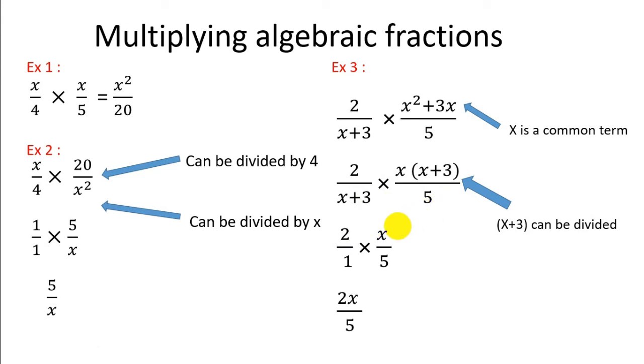See, it's very simple. The moment you do not recognize that x is a common term here, you will not be able to solve this problem. As I said, it is important for you to learn factoring of algebraic expressions, solving binomial expressions, and finding LCM for given algebraic terms.